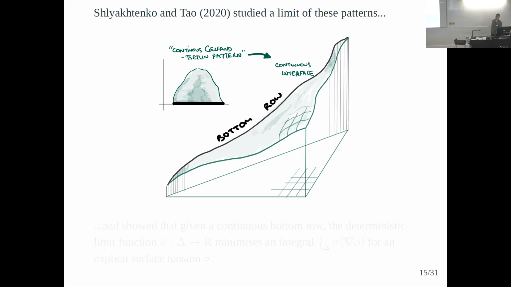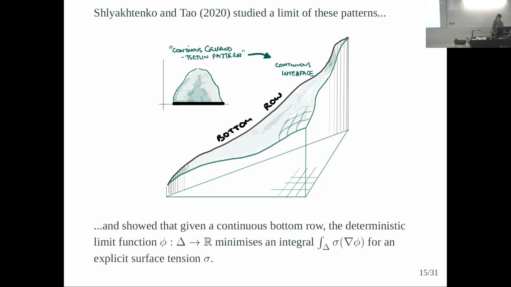What they found in the setting of free probability is that these continuous interfaces appear to minimize an energy integral in much the same way as a soap bubble will minimize the amount of surface area used to enclose a certain amount of volume, or a hanging chain will minimize its gravitational energy.